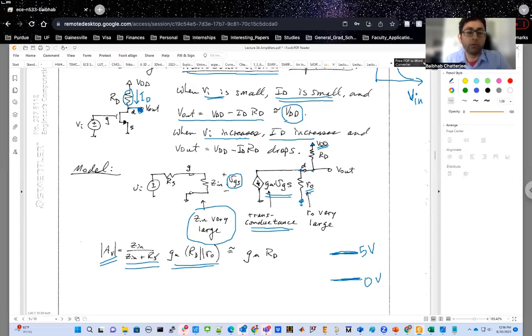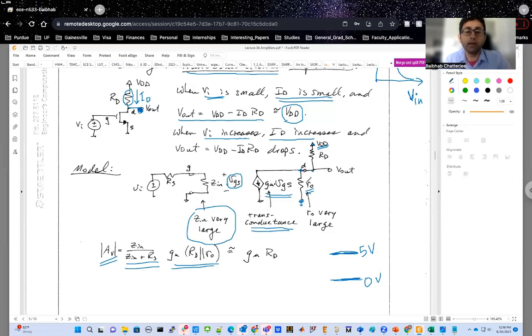So your overall voltage gain becomes this voltage division at the input multiplied with the current that is flowing out over here. If you did not have this RD, then all the current would have flown into the R0 resistance, so your voltage at the output would have been GM times R0.